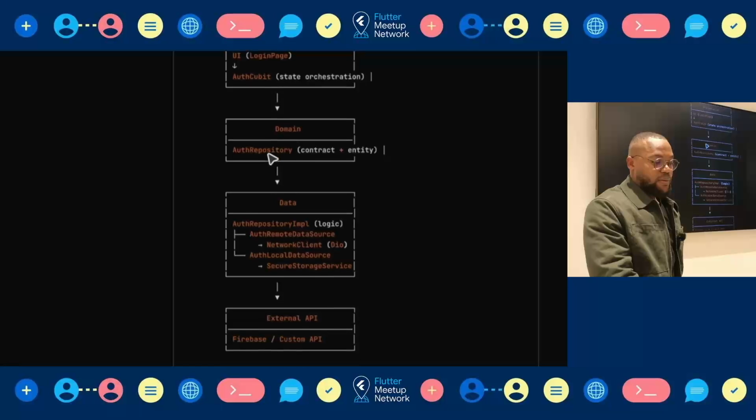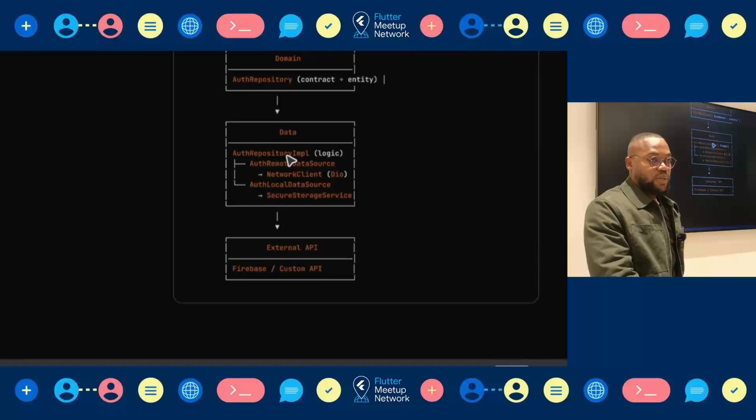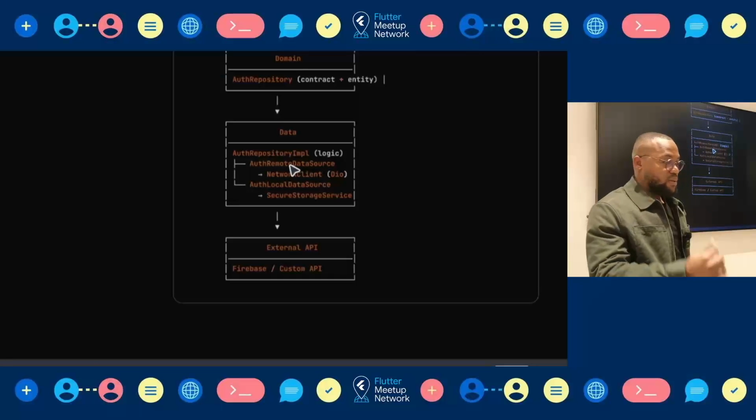The domain layer will also call the data layer using the auth repository, and we have our data sources to perform the network calls and handle the catch logic.